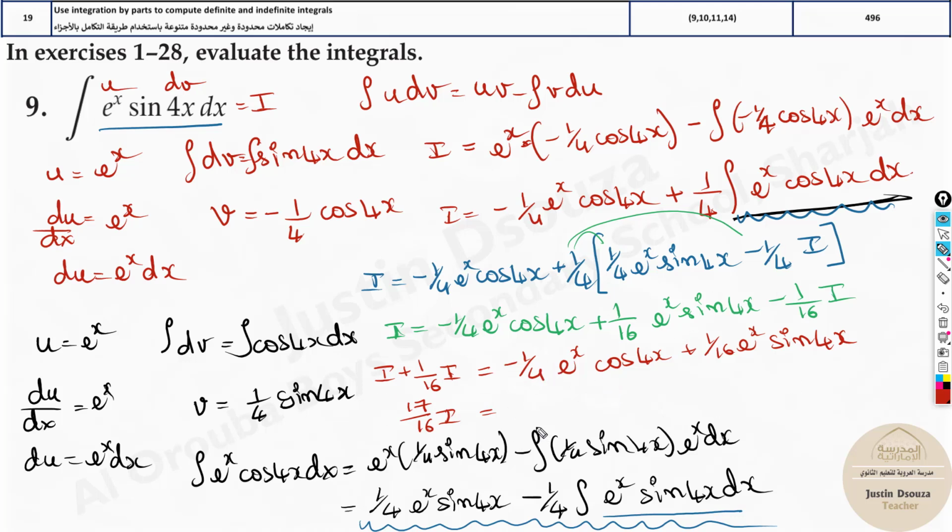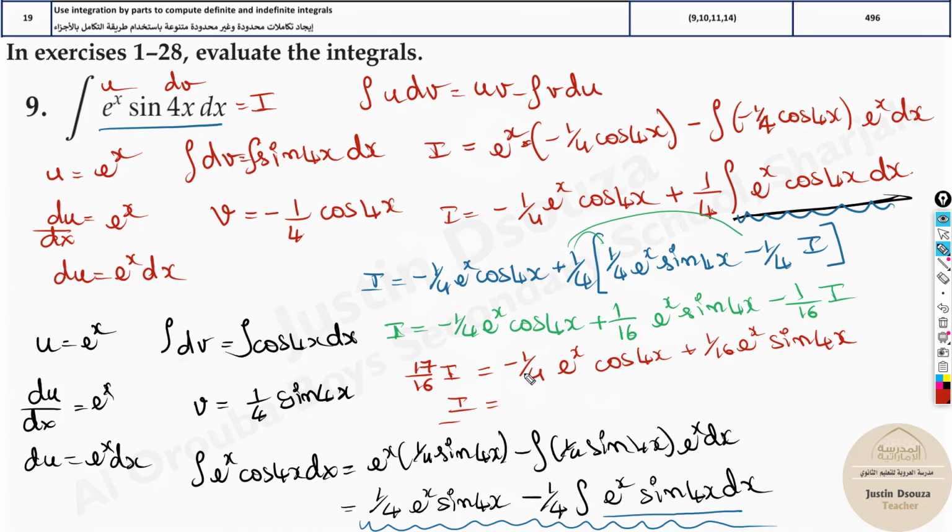Now over here, this entire thing should be written as it is. I'll just rearrange and write it over here. I hope that's okay. 17 by 16 I. We are almost done, but we need I. What is the value of I, right? So I will take the 16 to the other side and 17 to the other side. So I will be equal to, you have to multiply throughout by 16 and divide throughout by 17.